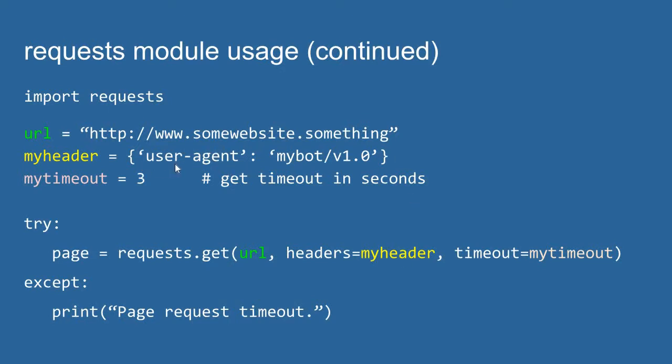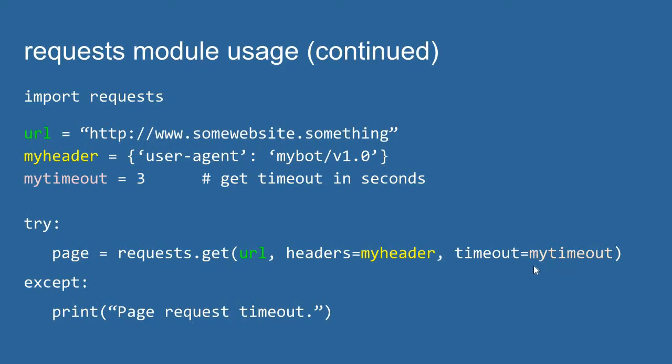For example, I can define my user agent name. In the previous video we showed that there are some famous user agents such as Googlebot, and Googlebot helps the server that we're talking to understand who's making the request. So we can give our user agent, we can name ourselves when we are trying to build a web scraper.